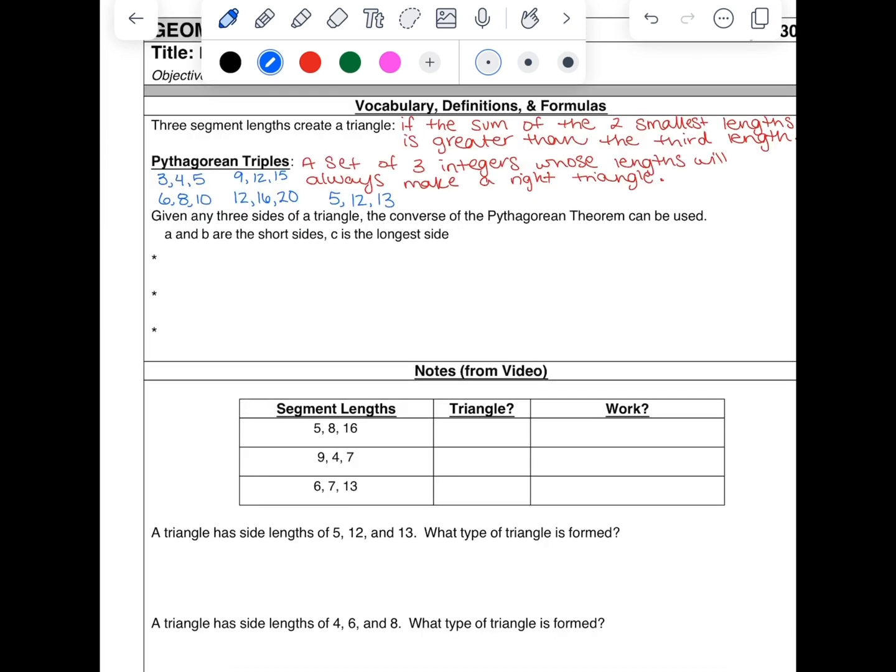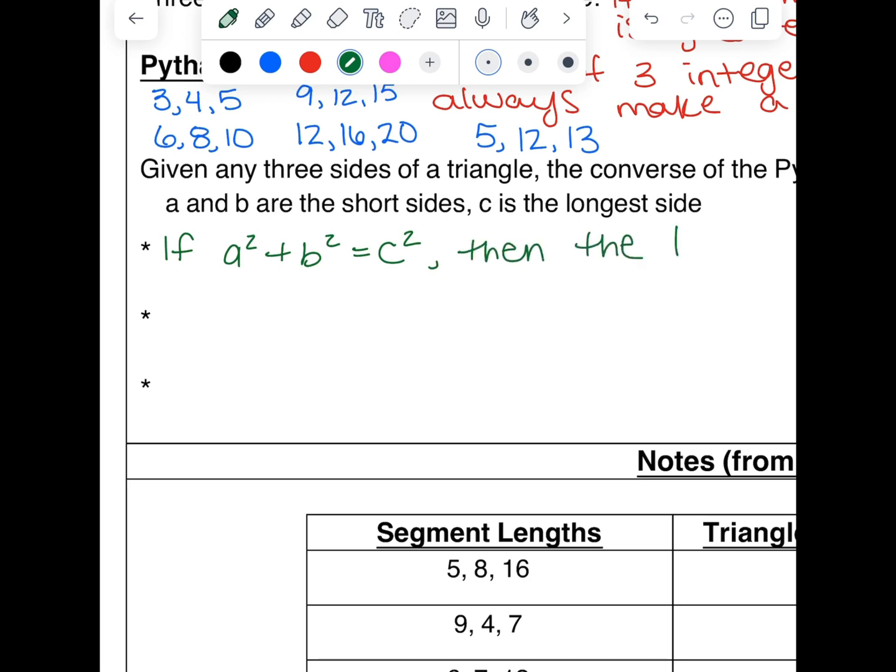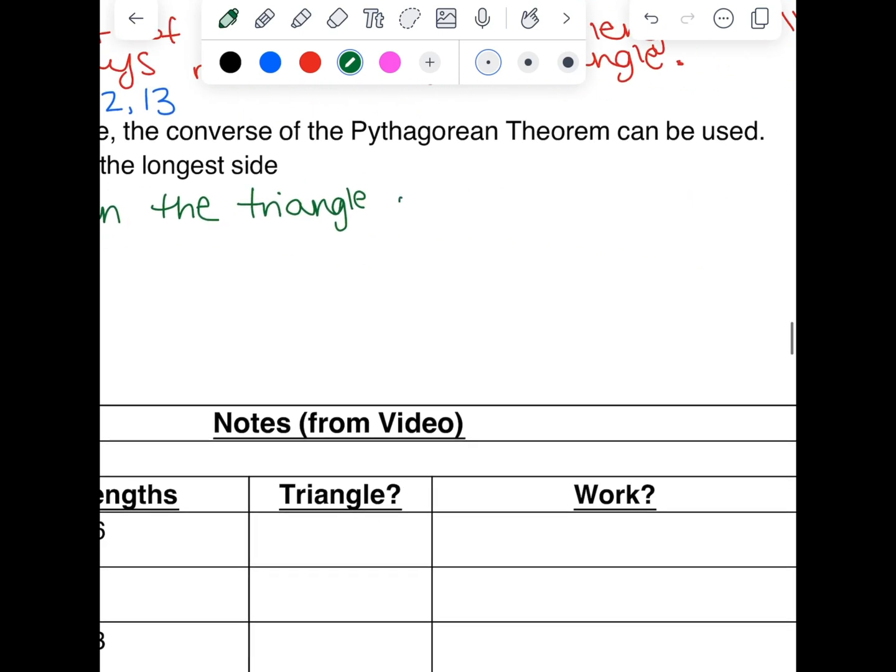The next section has 3 different parts. I'm going to put these in different colors to classify them. The first statement says that if a squared plus b squared is equal to c squared, then the triangle is right.